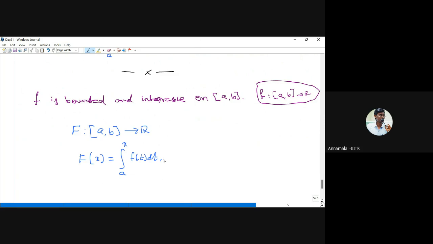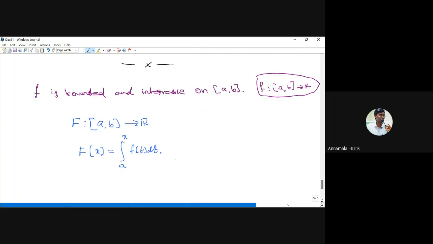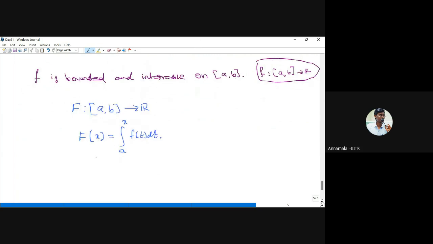Since f is integrable, we can talk about the integral of f of t. If f is not integrable, defining this integral is not possible and not meaningful. Since small f is an integrable function, using small f we define capital F. The capital F of x is nothing but the integral a to x of f of t dt.